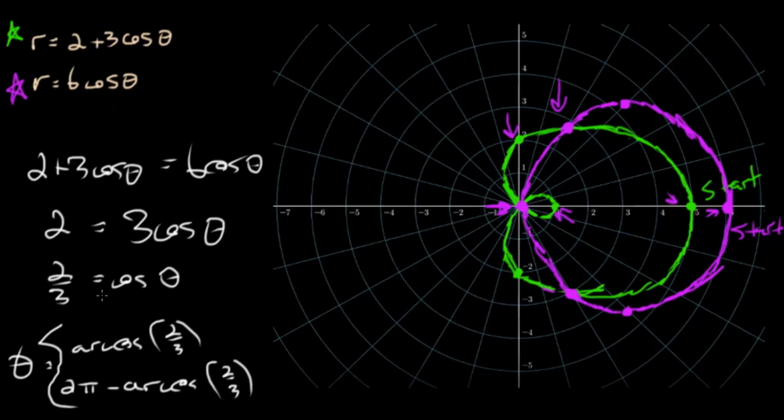What exactly is that? That is what a calculator is for. That is 0.841. Of course, this keeps going. And 2 pi minus that is 5.442.